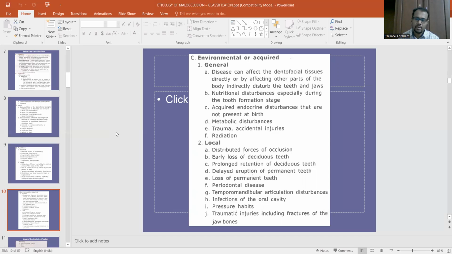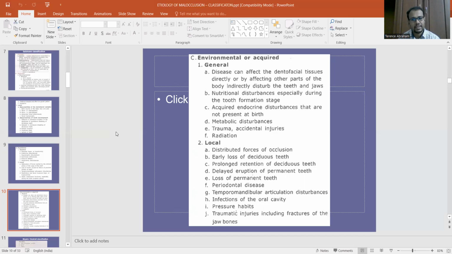Then endocrine disturbances, may be pituitary gland diseases, thyroid deficiency, all these can affect the development of dentition as well as the development of the jaws. Various metabolic disturbances can also cause malocclusions.